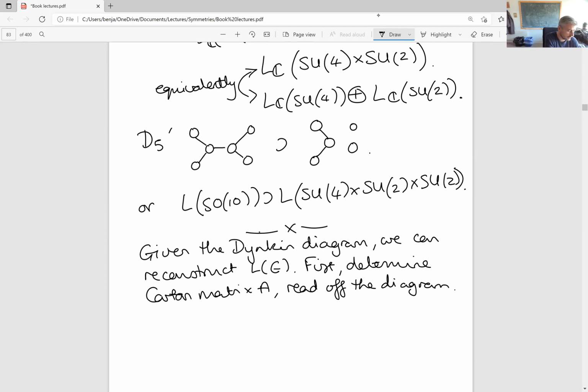So A then determines the roots in the dual space to the Cartan subalgebra up to one undetermined vector.